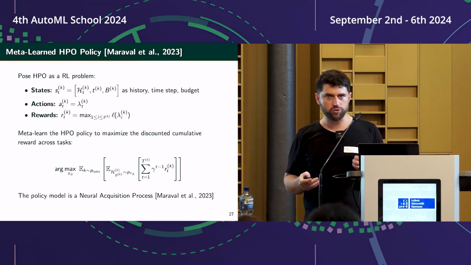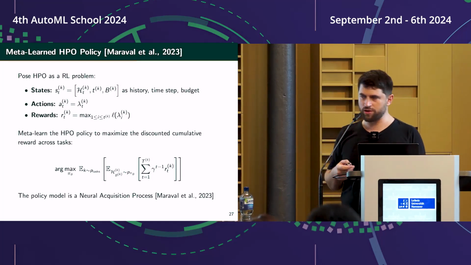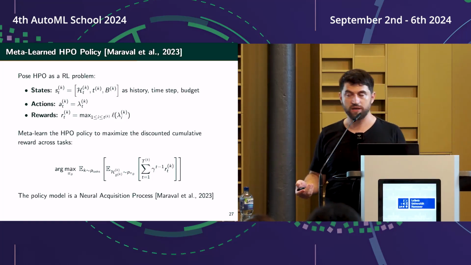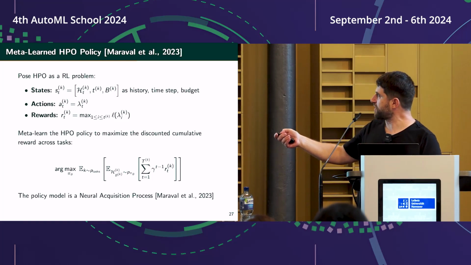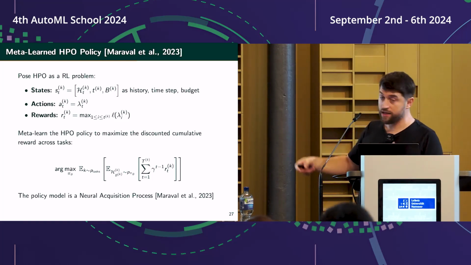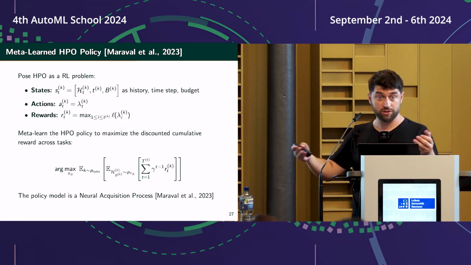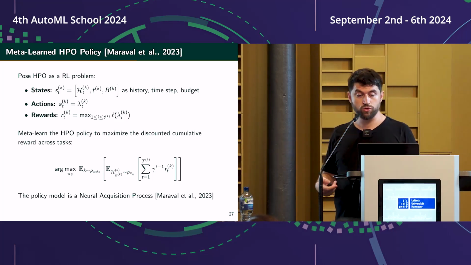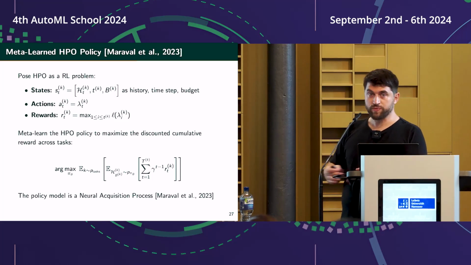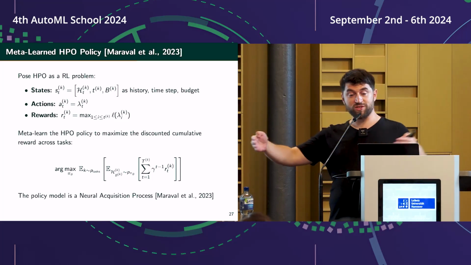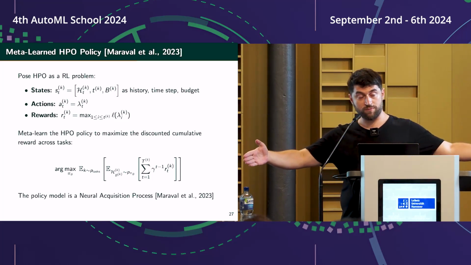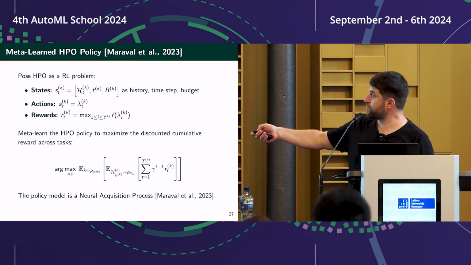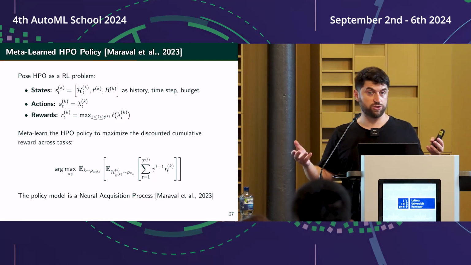The first approach to doing that, to meta-learn the policy, is to pose the problem as a reinforcement learning problem, in the sense that the state is the history, the time step where you are, the remaining budget that you have in terms of your HPO budget. The actions are which hyperparameter you choose, and the reward is, well, across the series of hyperparameters that you evaluated, what is the one with the highest validation accuracy.